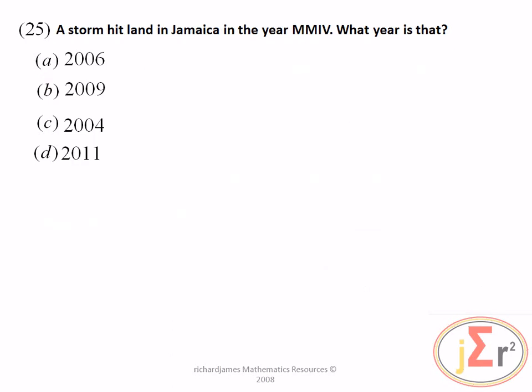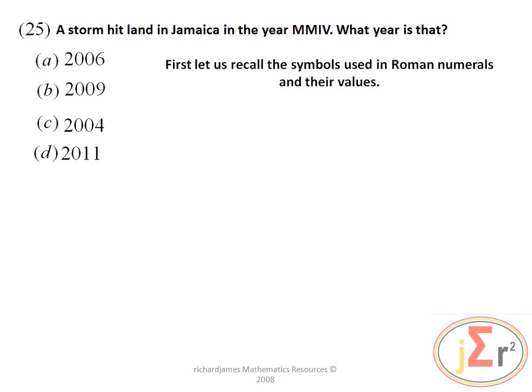A storm hit land in Jamaica in the year MMIV. What year is that? First, let us recall the symbols used in Roman numerals and their values. Of course, we only have M, M, I, and V, but we are going to be reminded of all of them.